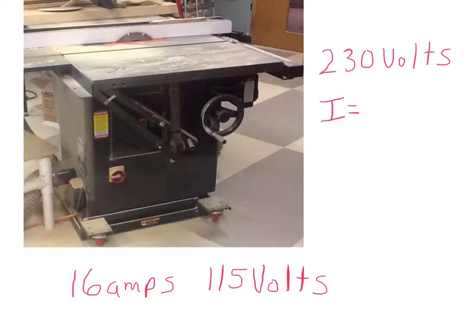It's important to understand that when we have a low voltage, oftentimes our current is going to be higher than if we had a high voltage. So in this case, I'm interested in knowing what the current value is going to be. Solve for the letter I when you have a 230 volt circuit, and you know that you have 16 amps with a 115 volt circuit.